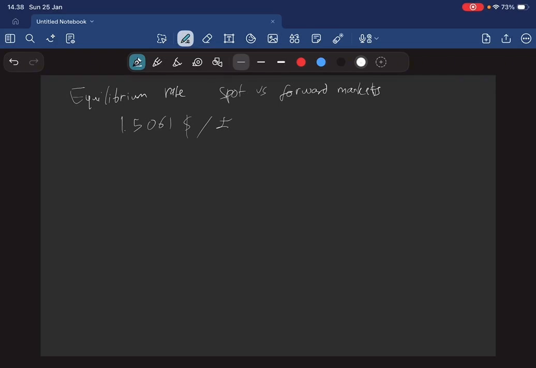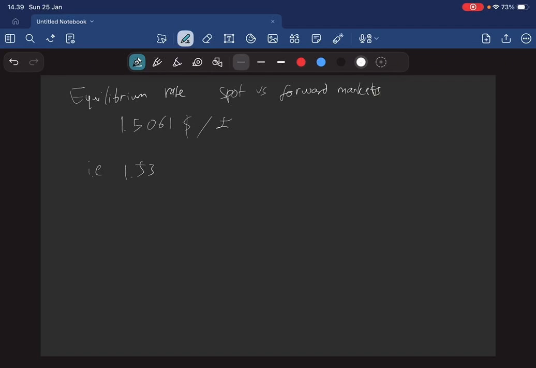We now know that 1.5061 is the equilibrium forward rate. At any other rate, there is an arbitrage opportunity between the forward market and the euro currency market. If the rate were higher, let's say 1.53, you could arbitrage, or take advantage of the discrepancy between the FX market and the time deposit market.